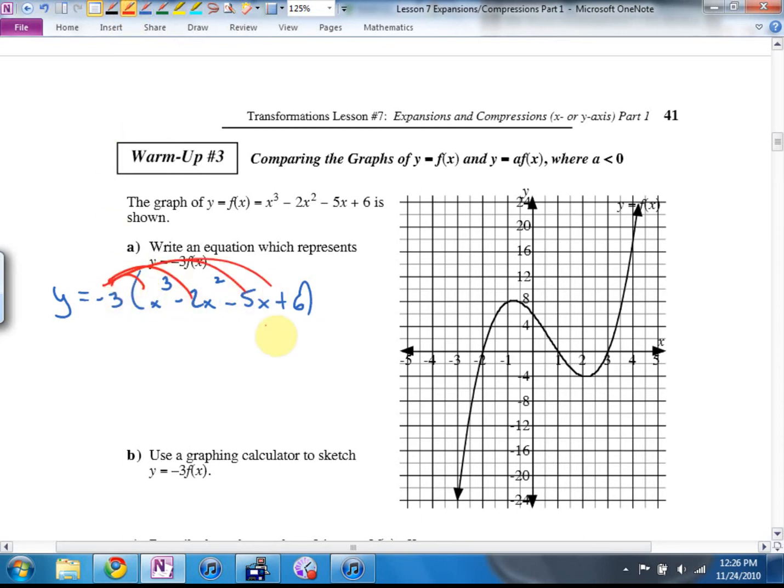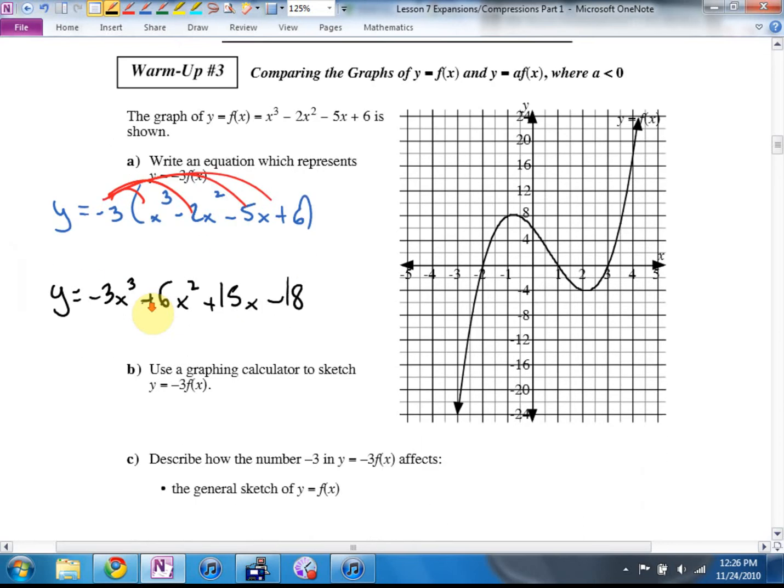So I would probably write it as negative 3x cubed plus 6x squared plus 15x minus 18. But again here, Connor, I don't like this form. I much prefer this form because I can see the replacement. I think it says use a graphing calculator. We're not going to. Here's what I see.